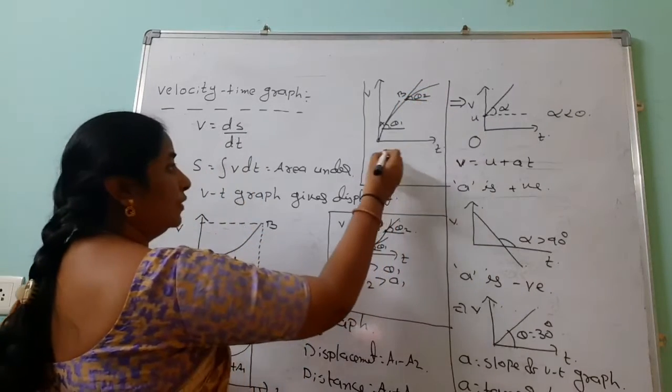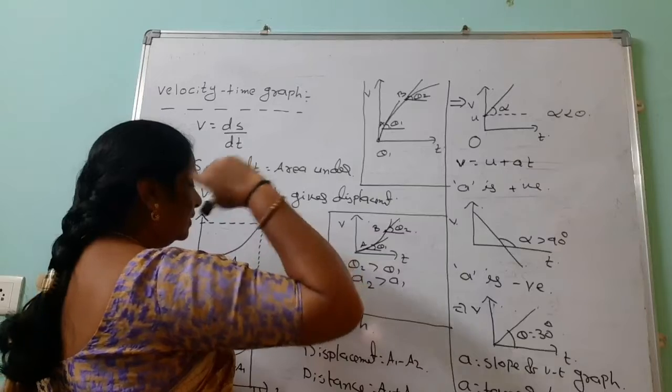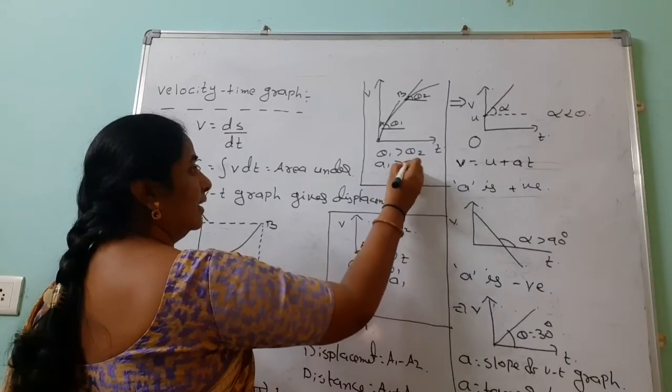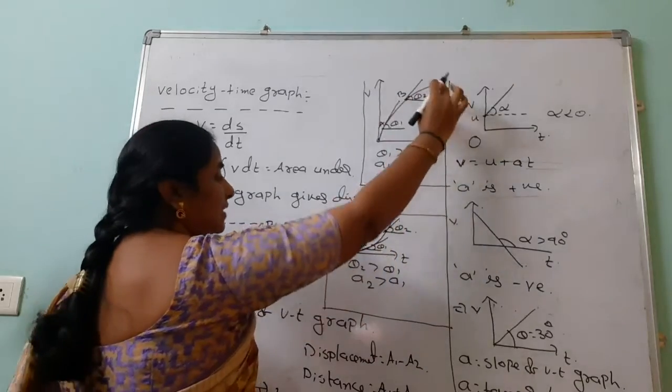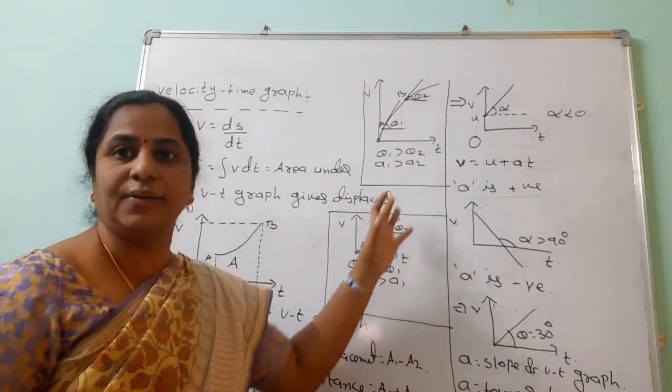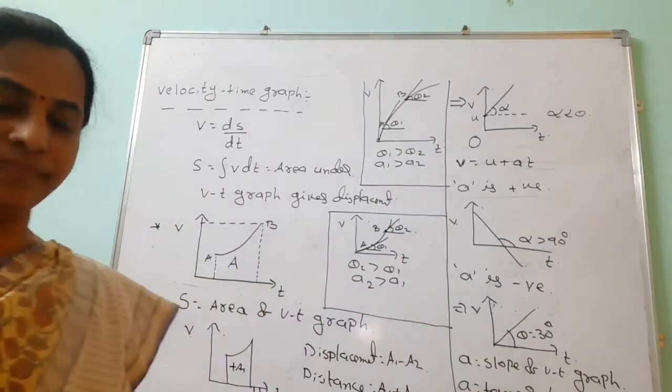But when you compare, theta 1 is greater than theta 2. So A1 is greater than A2. Here acceleration is decreasing, and in the other graph acceleration is increasing. So you can take this as negative and this as positive.